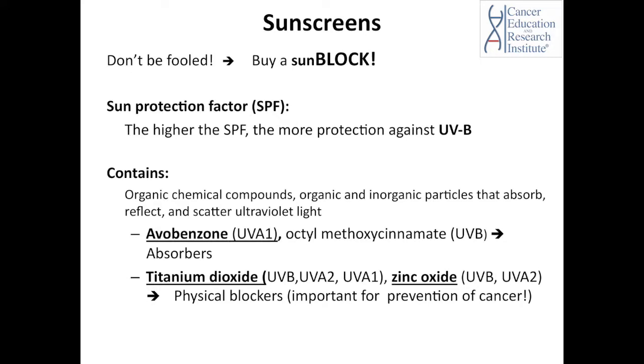There are also differences between these molecules: avobenzone absorbs the UV radiation into the skin and then scatters from there. Titanium dioxide and zinc oxide are layered on the surface and reflect the UV radiation from the skin surface.